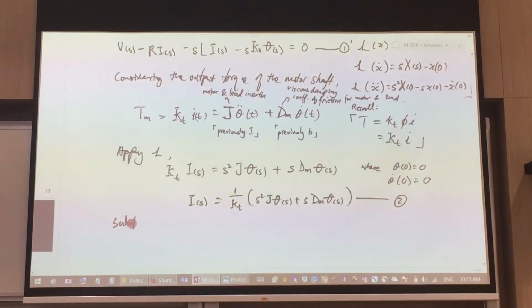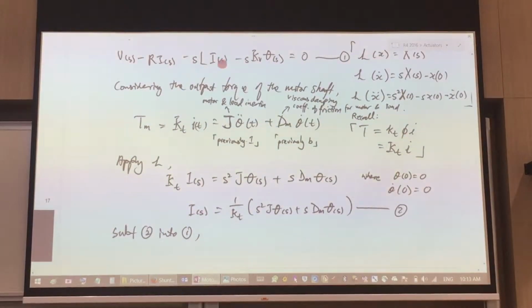What we need to do next is to substitute 2 into 1. So I(s) is substituted into equation 1 over here, and over here. There are 2 I(s) over there, so I'll just put them together and bring out the common factor I(s).